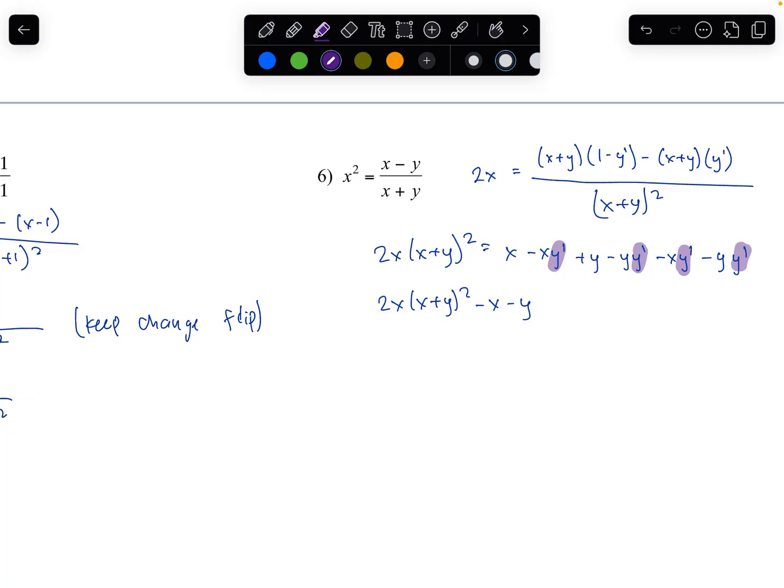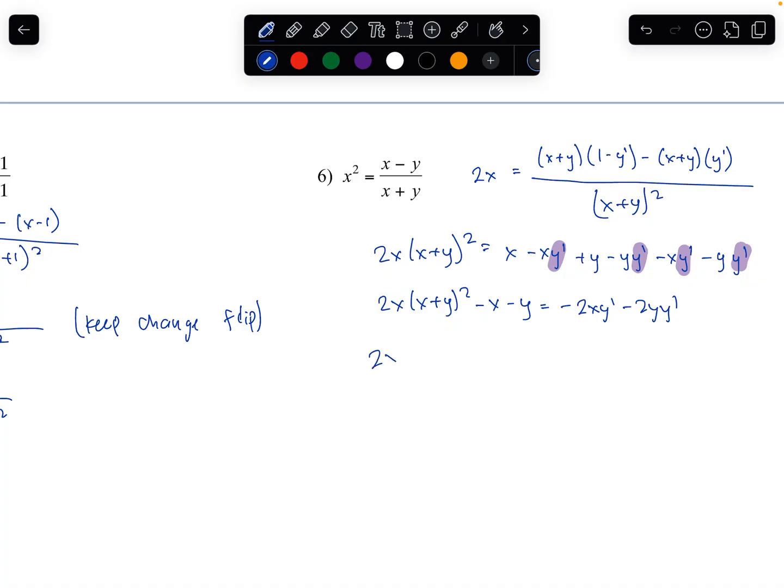I think that's everything. Equal to negative xy prime minus, well, and then we can combine like terms. So negative xy prime, negative xy prime, so minus 2xy prime, and then we have minus yy prime, minus yy prime, so minus 2yy prime.